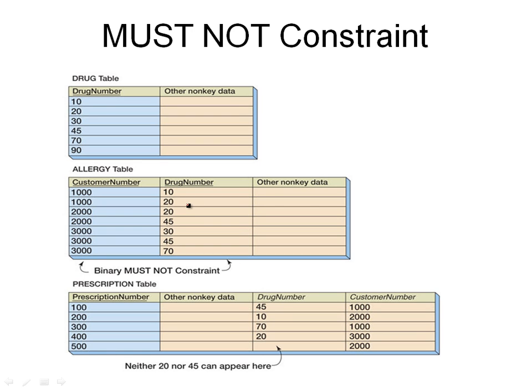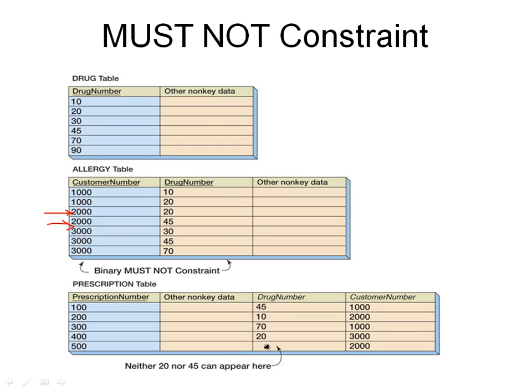Must not constraint. Again, if we look at the 2000 here, we can see that the 2000 can be 20, can be 45, but it cannot be any other number.